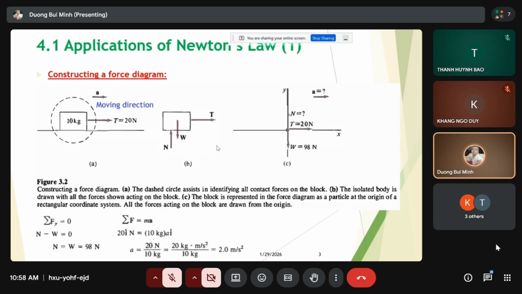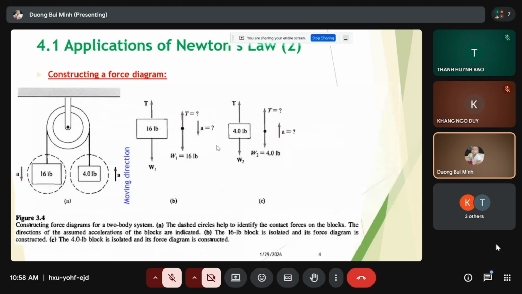If this force is constant, the acceleration will be constant. Then we apply Newton's second law. Very easy.